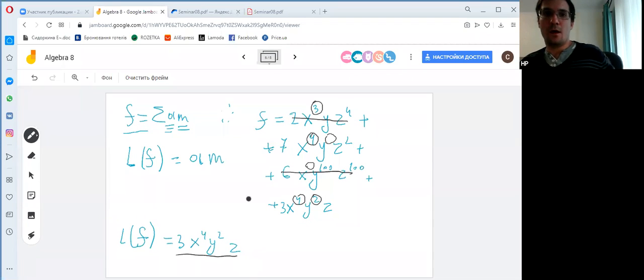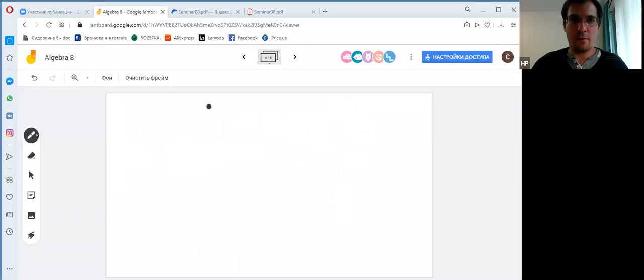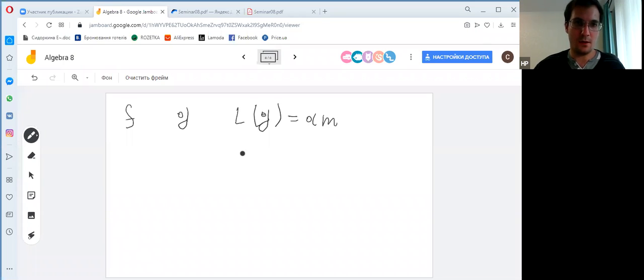Okay, and now we have two polynomials, f and g, and the leading term of the polynomial g is some monomial m with some coefficient a.